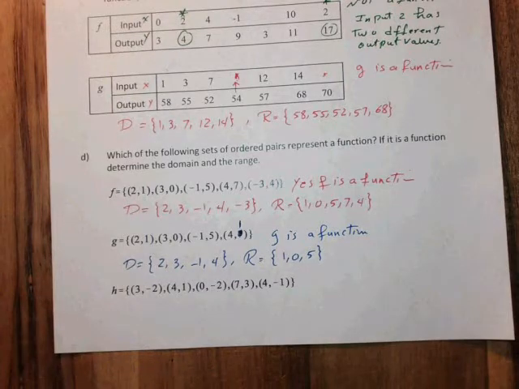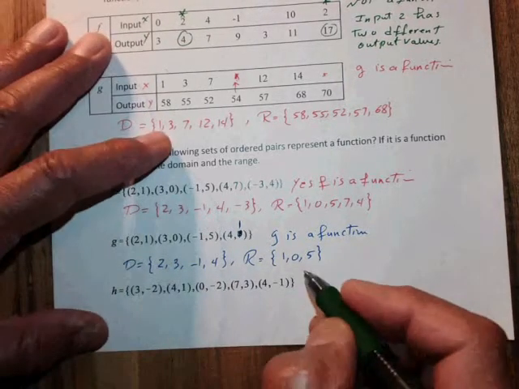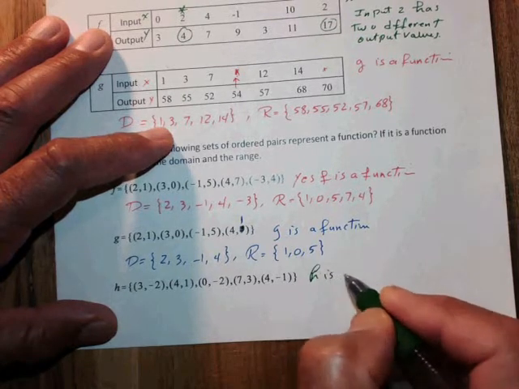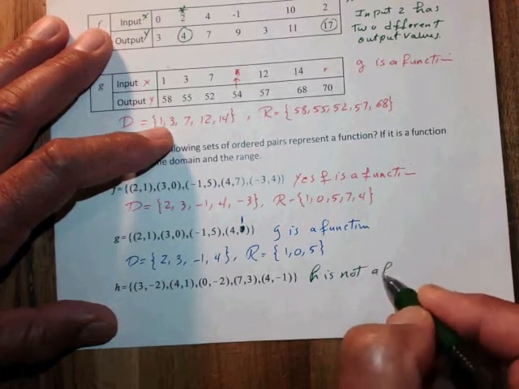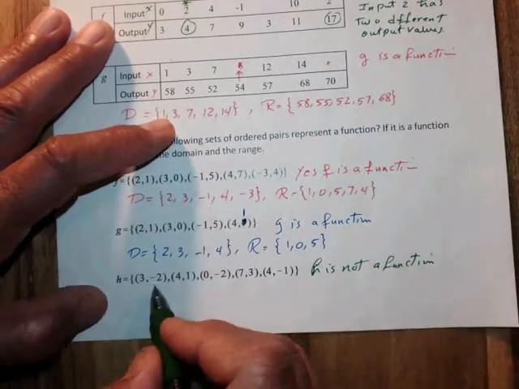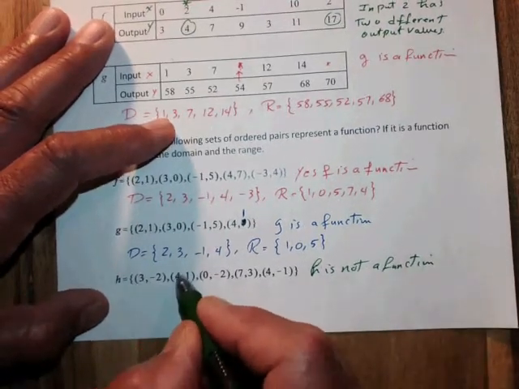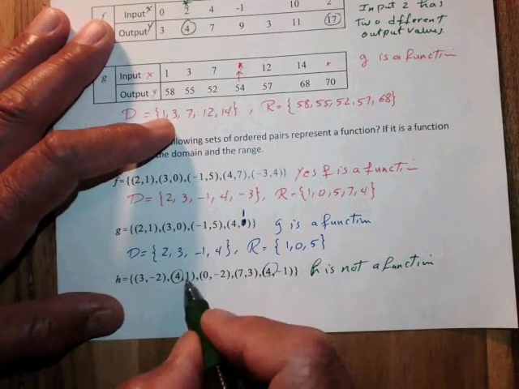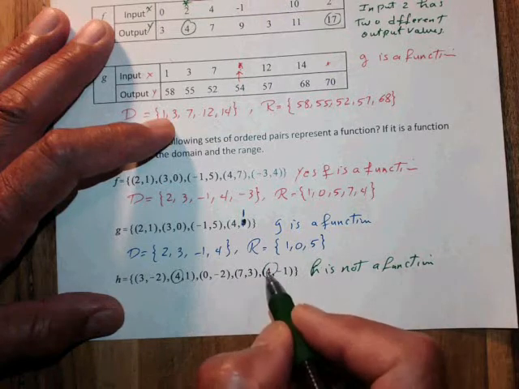The next example, H is not a function because this input 4 is repeated twice. You have 4 with output 1 and 4 with output -1.